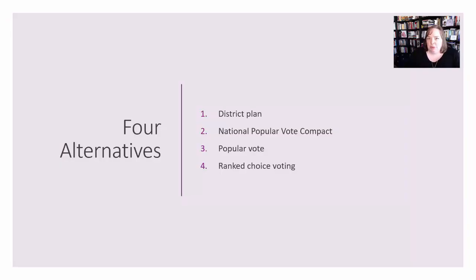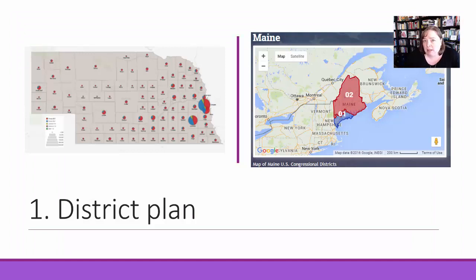So I want to talk you through 4 different alternatives that we could use to choose a president. And I'll talk about them each in turn, starting with the district plan. Two states currently use this system, Nebraska and Maine. What they do is they look at who wins each congressional district, and they get one of the state's Electoral College votes.